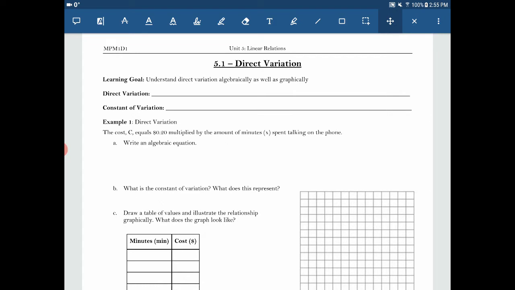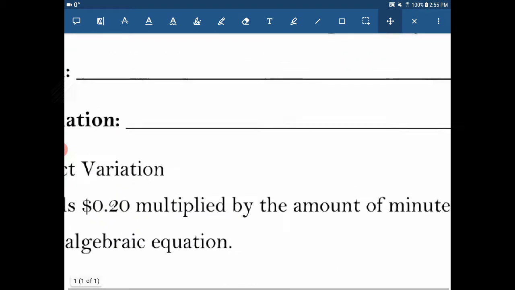And I know what you're thinking, what is direct variation? Well, I'm glad you asked.